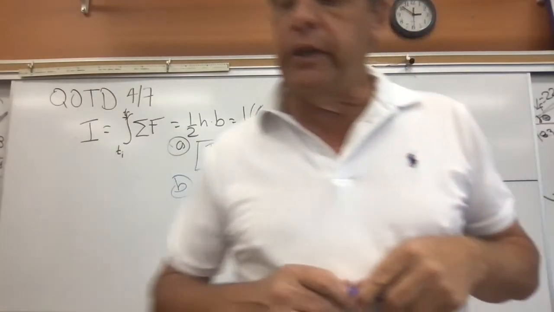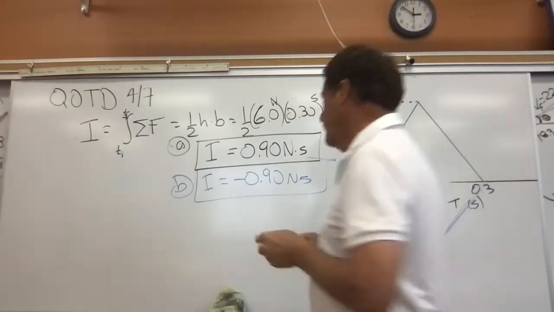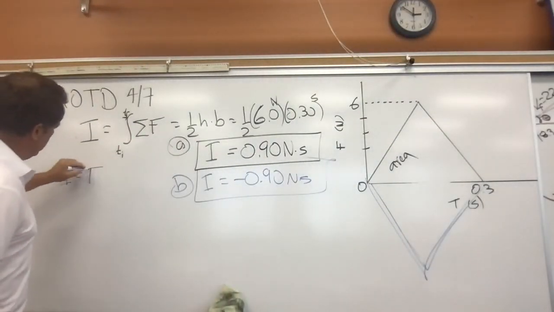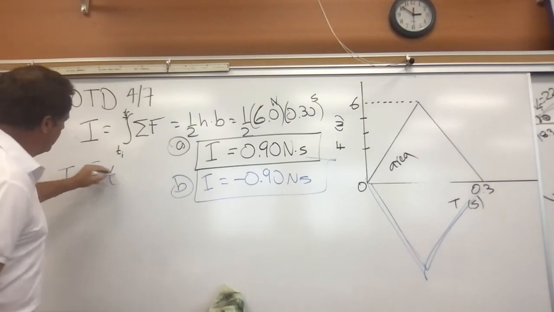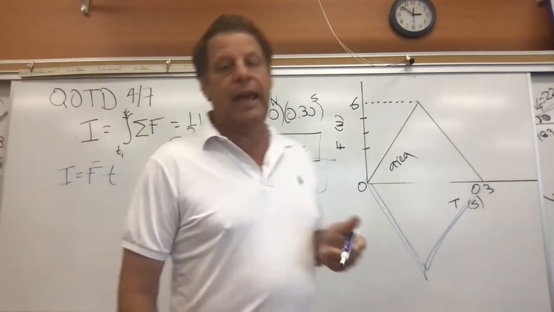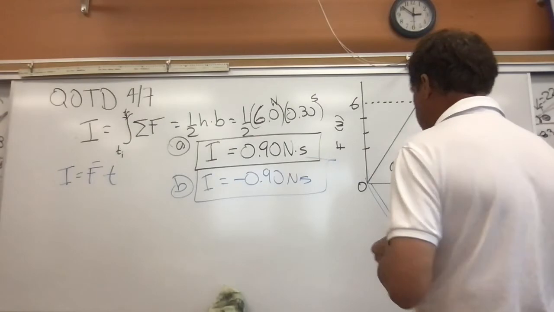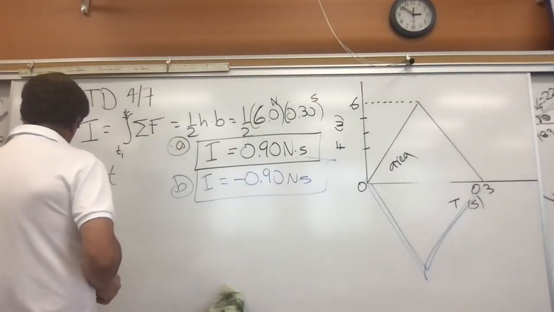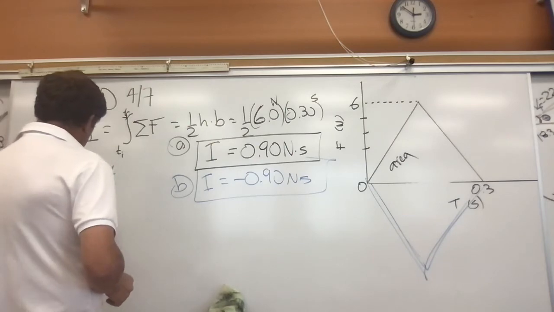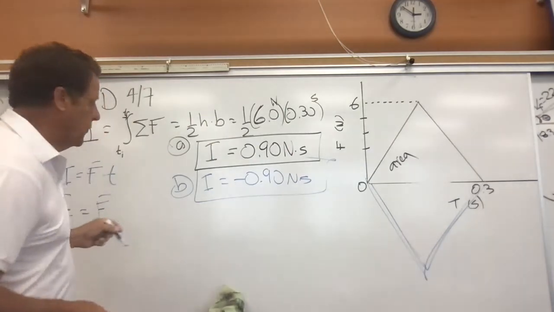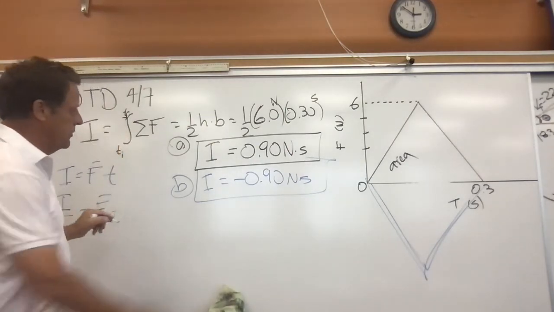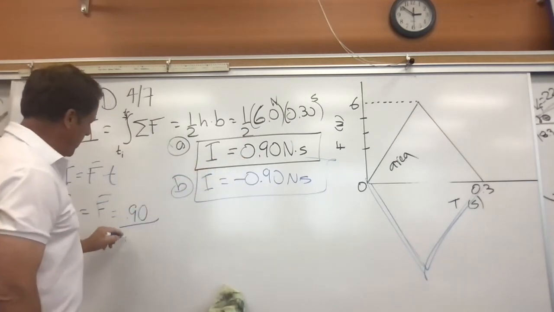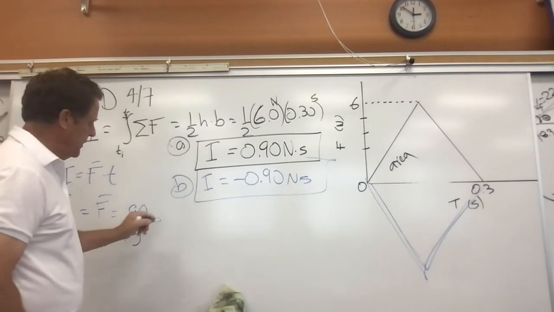All right, now C, calculate the average force. So you guys remember that impulse is equal to the average force times time. And therefore, we can say impulse divided by time is equal to our average force, which is going to be 0.90 divided by 0.3.